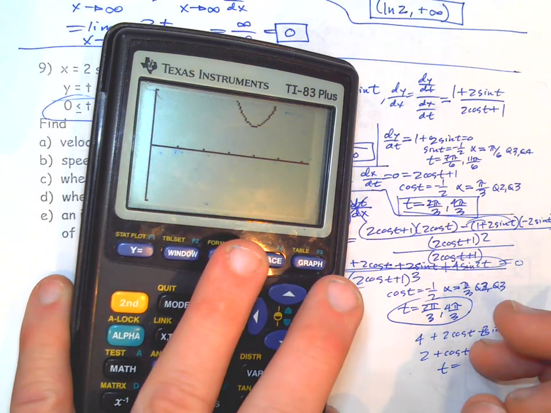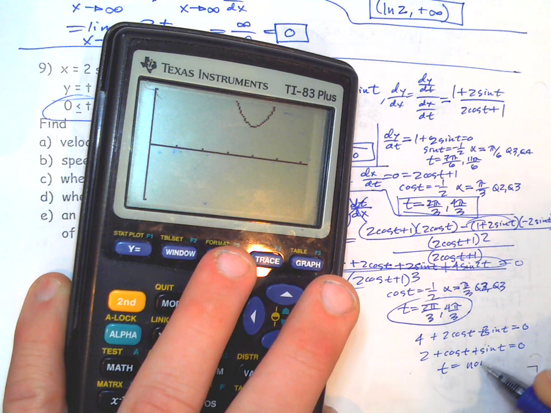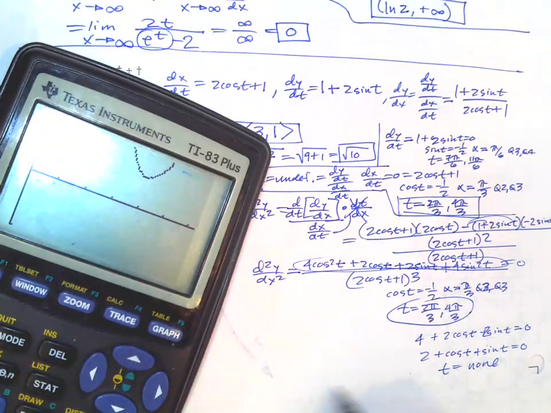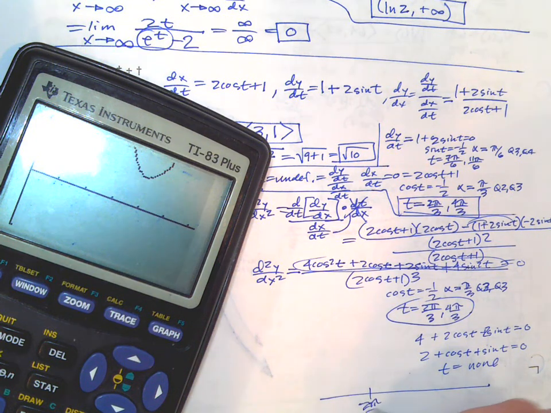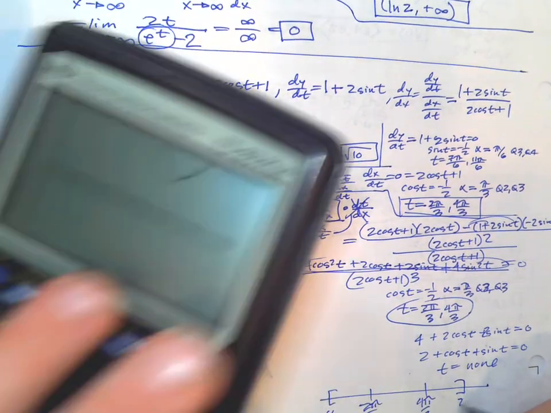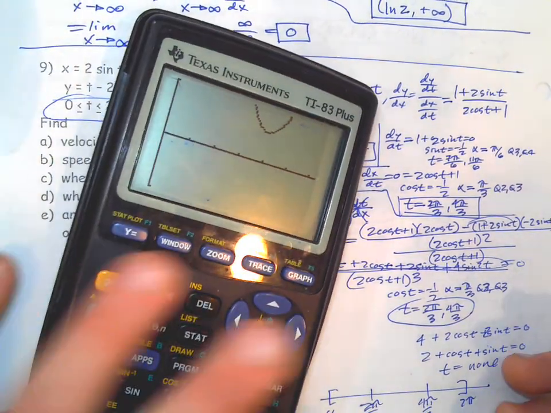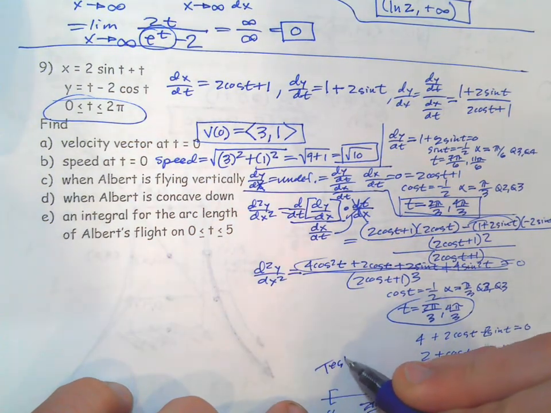Doesn't have any x-intercepts. So none. But then we could do a line check, and so we put 2 pi over 3 and 4 pi over 3 on here, from 0 to 2 pi, and test a point. 0 seems like a good point to test.